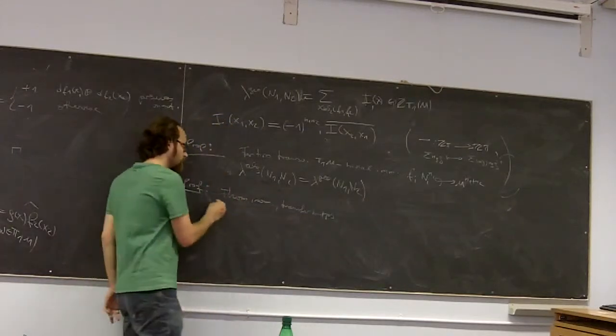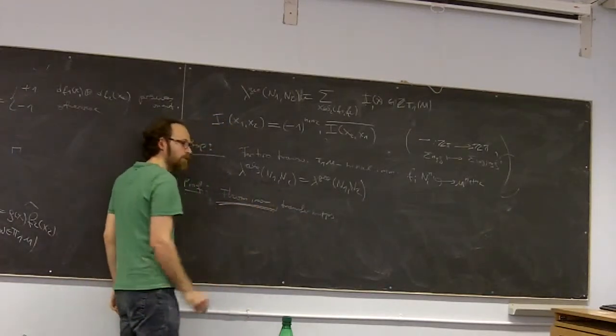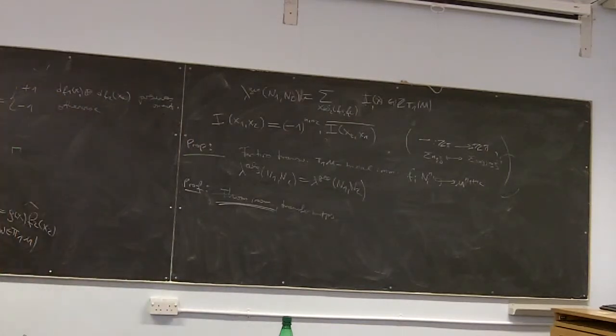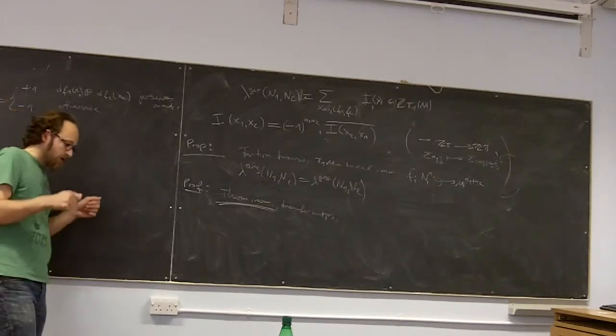This is the main ingredient. In other books, you find that the geometric intersection number is a homological invariant. And how do you show this? You have two immersions.